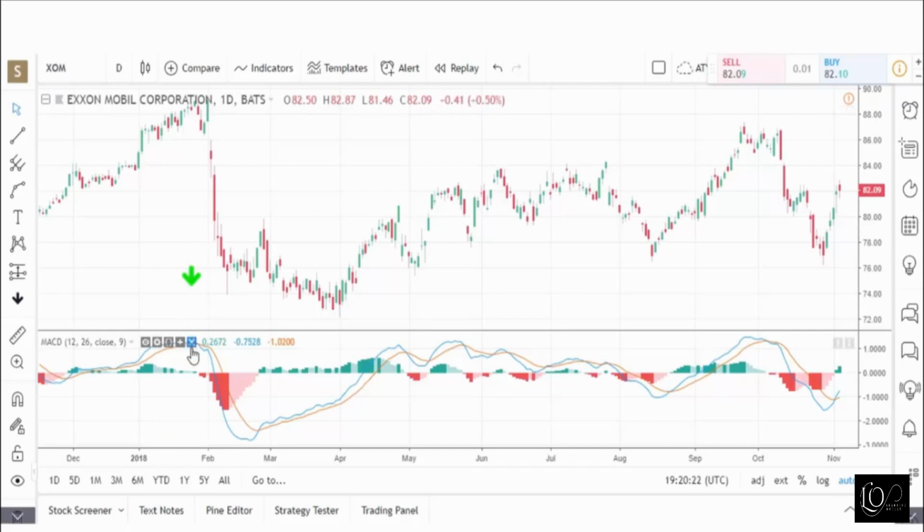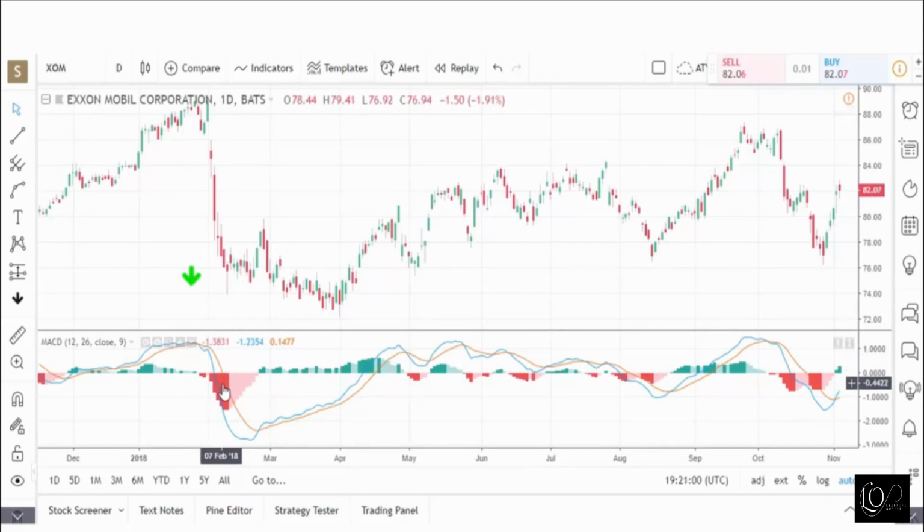So we had a cross of the MACD, which is in overbought territory at this point, to the downside, and then the stock drops. So with this cross, we may have sold our position or at a minimum tightened our stops and been prepared for a reversal in trend from a bull trend to, at a minimum, a consolidation pattern, but the stock actually went into a bear trend.